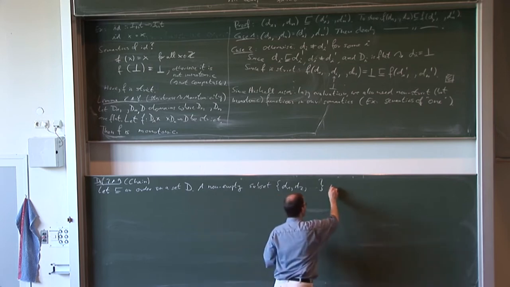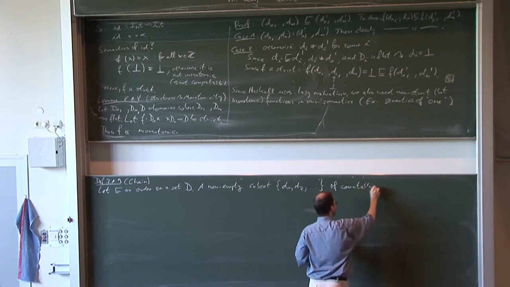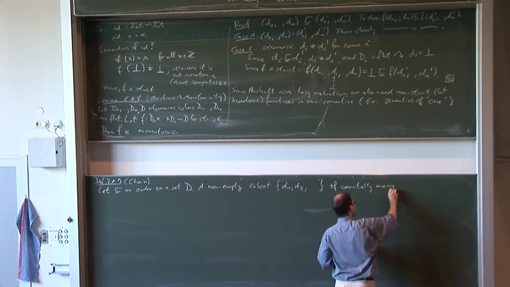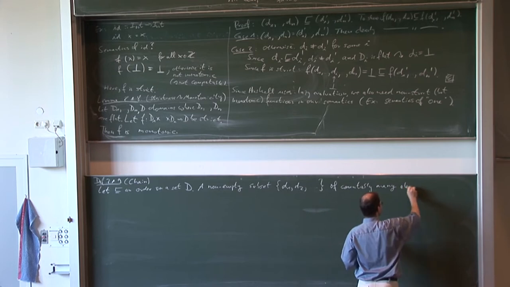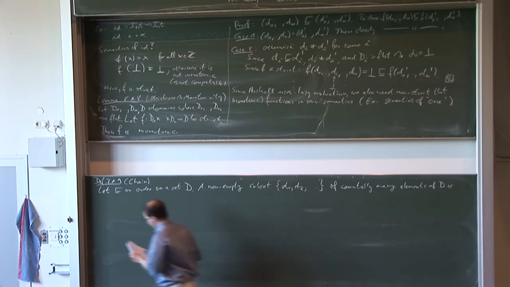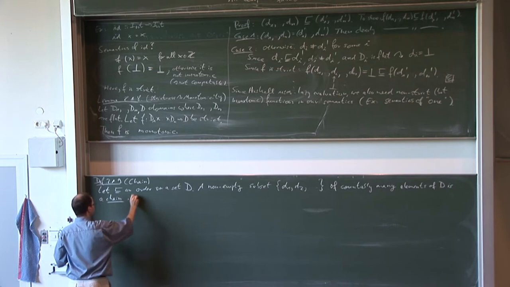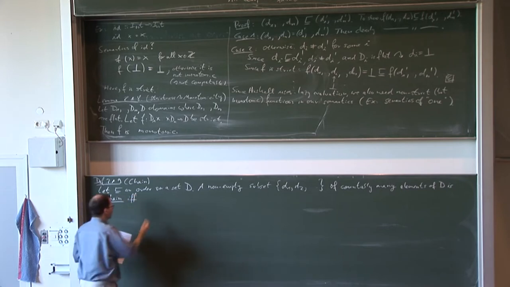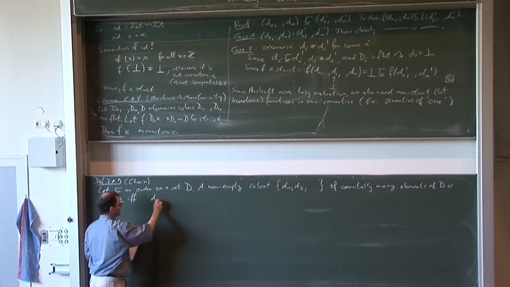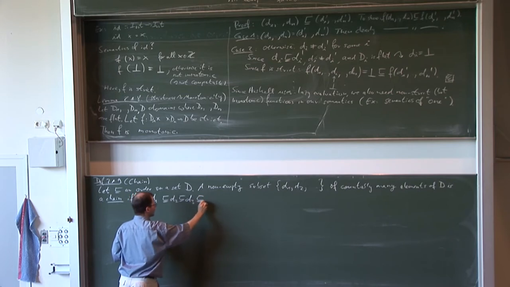So of countably many arguments, countably many elements of D is called a chain, if you can order the elements, so you can say D1 is less than or equal to D2, this is less than or equal to D3, and so on.